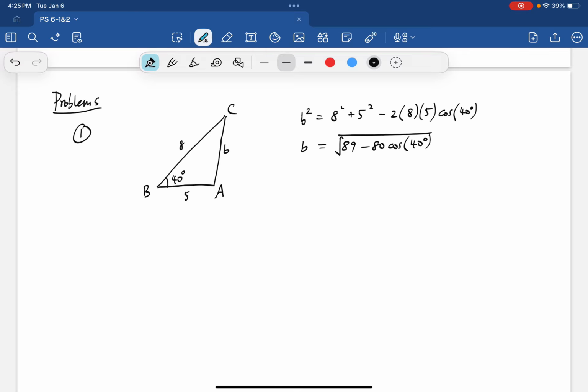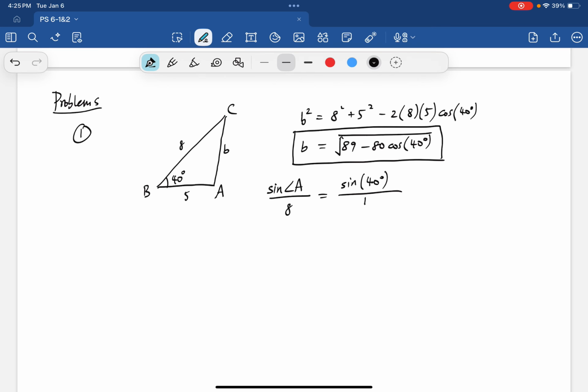Okay, so now I have all 3 sides solved for. Which means that for the remainder, the best way to do this is using law of sines, right? And so we know that sine of angle A over little a, which is 8, is going to equal sine B, which is sine 40 degrees, over little b.